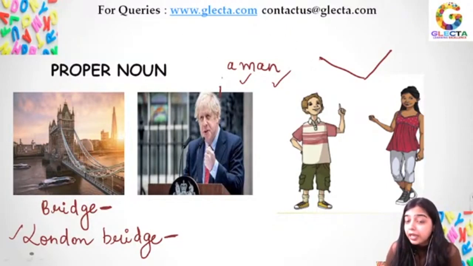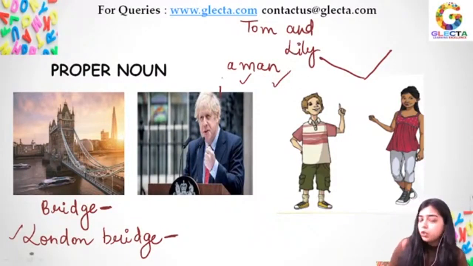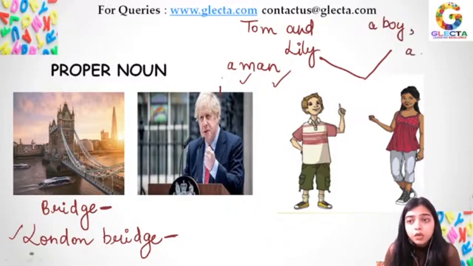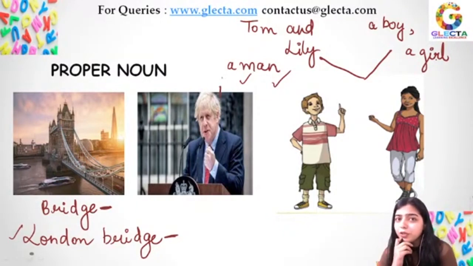For me, I can say Tom and Lily. So here, providing you with their names. Then I can say a boy, comma, a girl, or a boy and a girl. Which one do you think makes a proper noun and which one do you think makes a common noun?